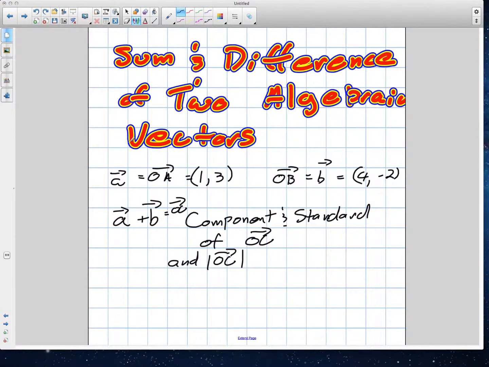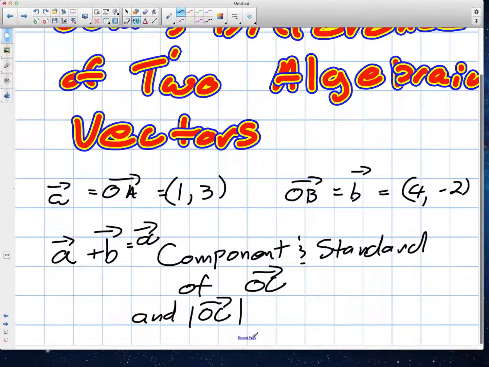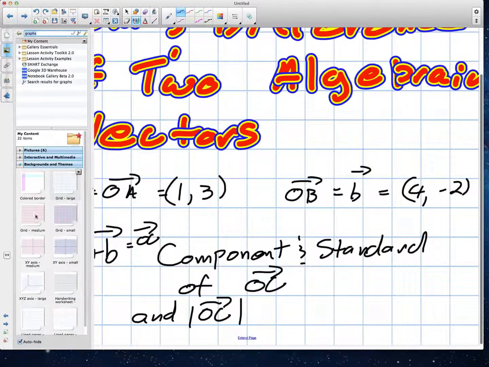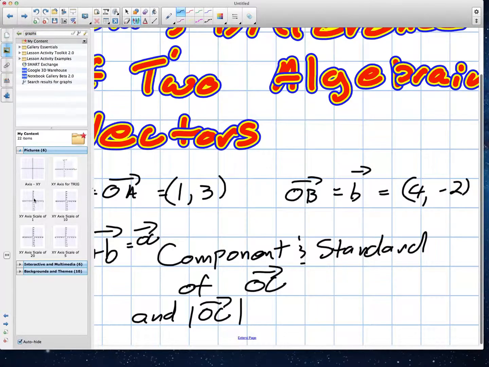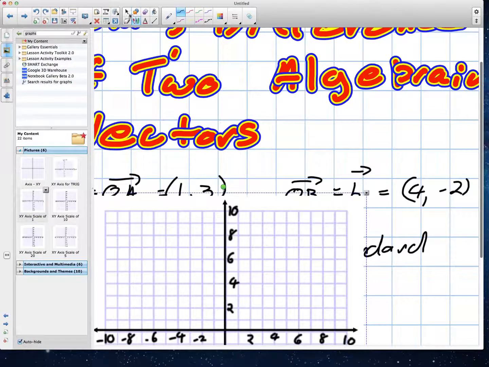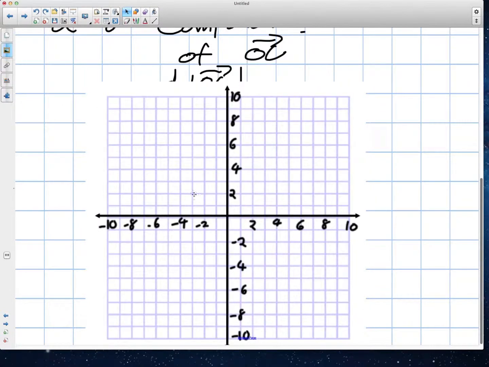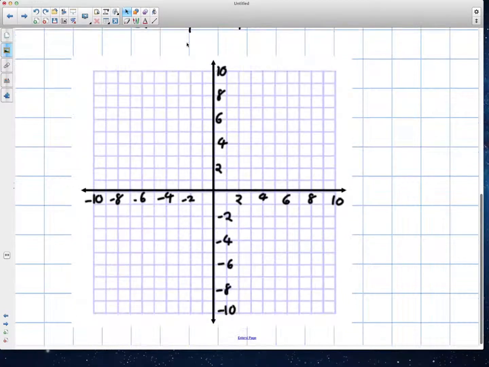So let's put this in page width, scroll downwards. What we're going to do is put a graph up here. Scale of 1, that should be enough. First off, we know O starts here.